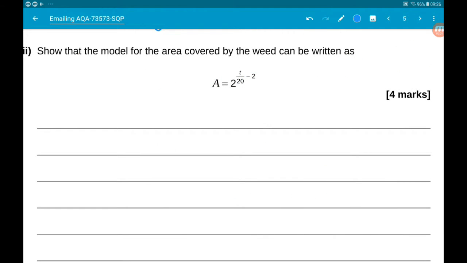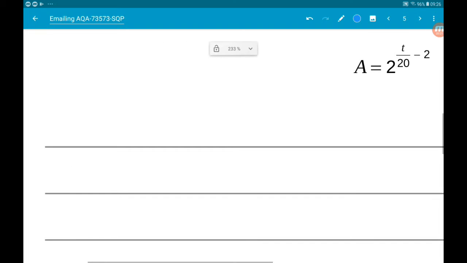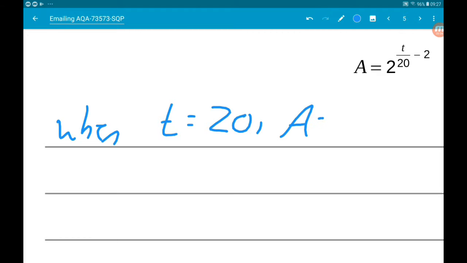Okay, b part 2 is slightly trickier, so we want to show that the model can be written in the form A equals 2 to the power t over 20 minus 2. So, there's one other bit of information that we can use here, and that is that we know when t is equal to 20, A is equal to 0.5.